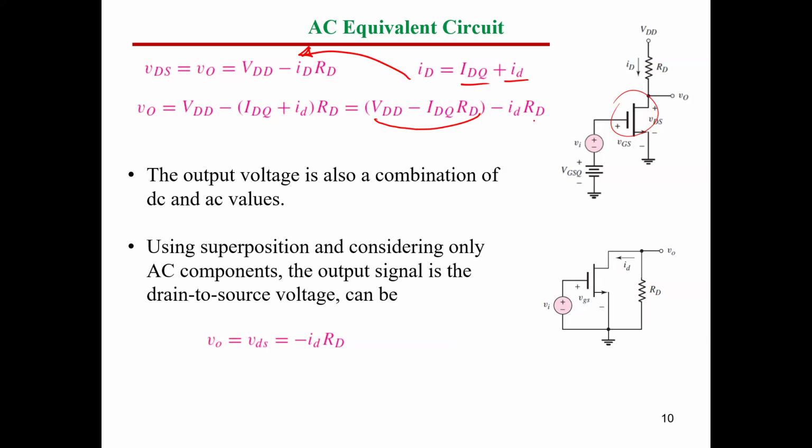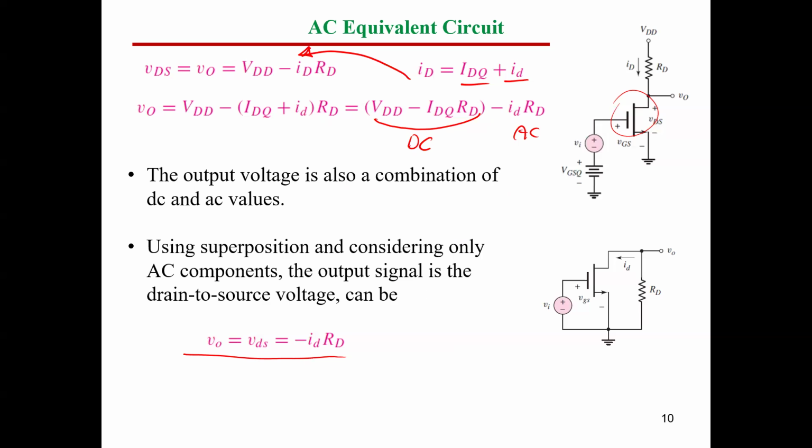This is the complete instantaneous signal. So the output volt is also a combination of DC and AC. This part is DC and this part is AC. If I would like to say what is the output AC value, it's minus ID times RD. This is simply the output volt of our amplifier.